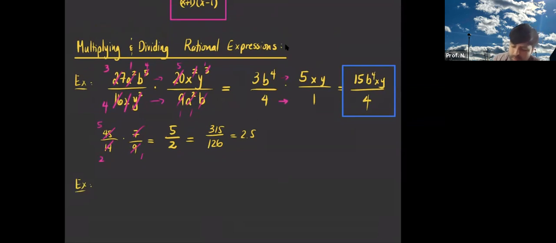So note, simplify first, and then multiply across. That's the general tip.